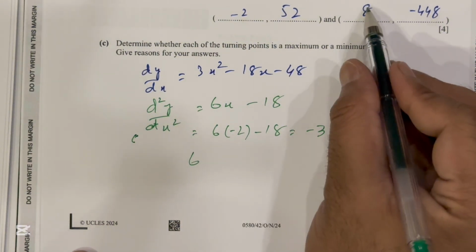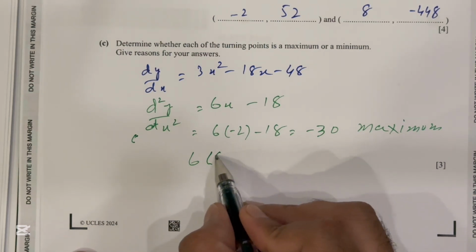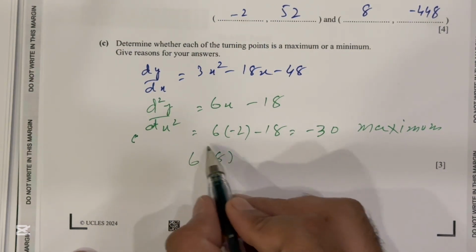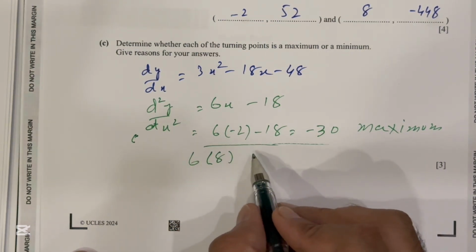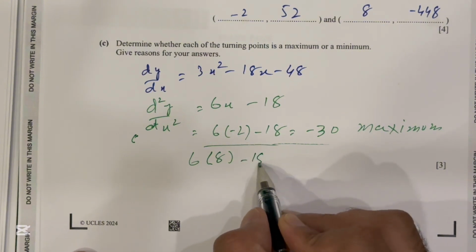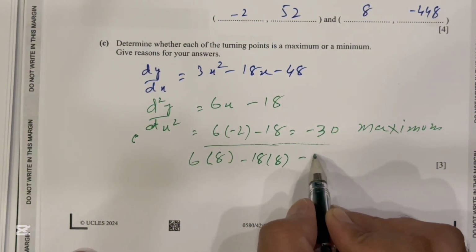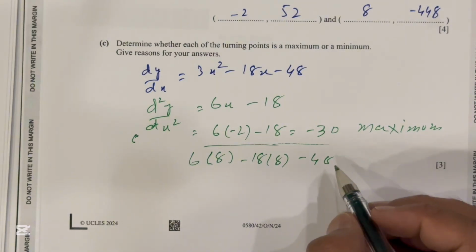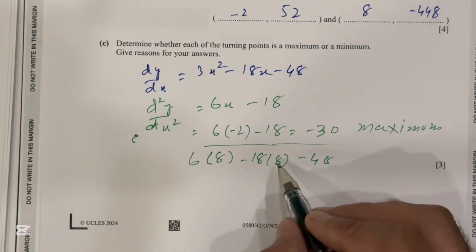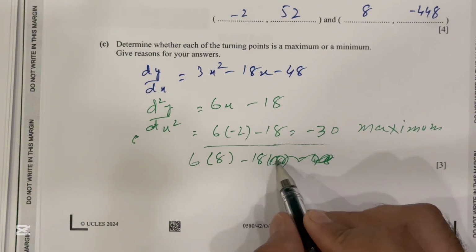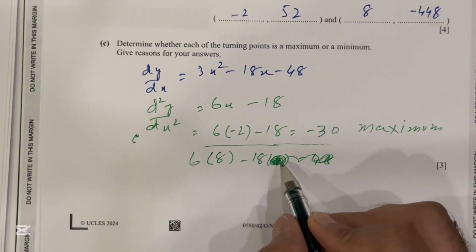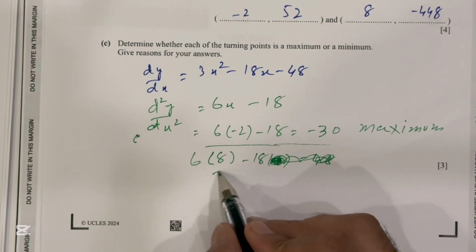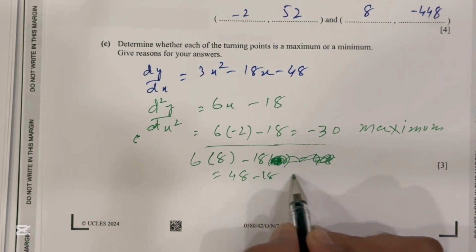When you put the value of 8 in this equation, 6 into 8 minus 18, that is 48 minus 18, you get the answer 30.